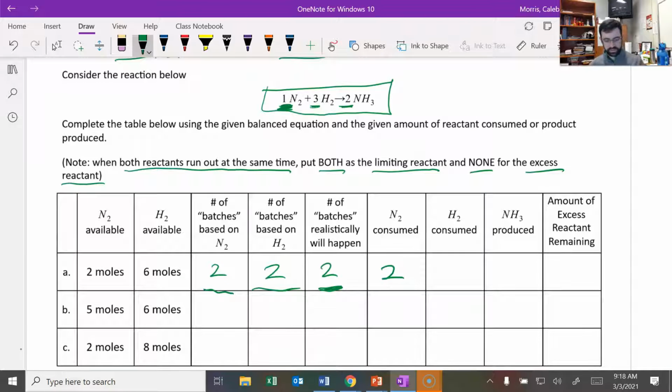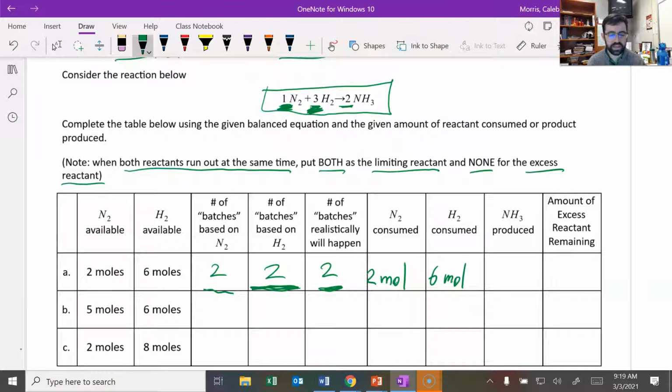Let's put units there. 2 moles of N2 will be consumed. If I have 2 batches of H2 and each batch has 3, 2 times 3 would be 6. 6 moles of H2 would be consumed.